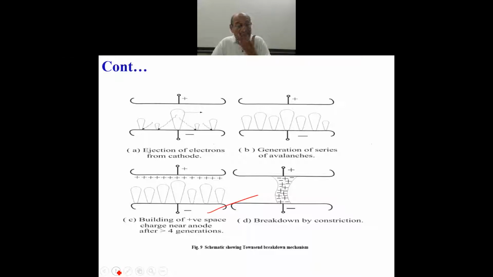As we did talk about, when the field intensity is high, the ions strike back on the cathode, as you can see in this slide in figure A. Ejection of electrons from the cathode. When the metastables and ions strike back on the cathode, they eject an electron.